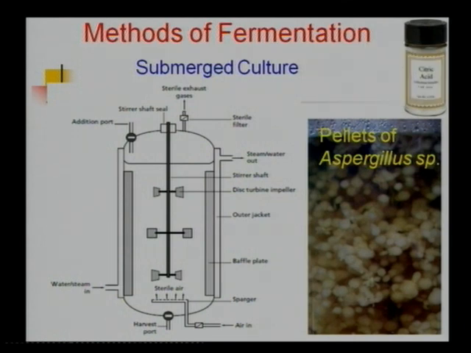When vigorous aeration and agitation is applied, usually the fungal culture will grow in the form of pellets. As you can see in these slides, such circular pellets are formed.